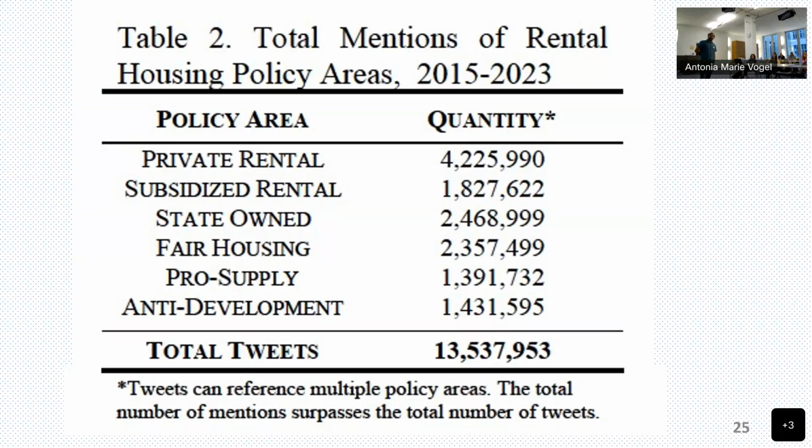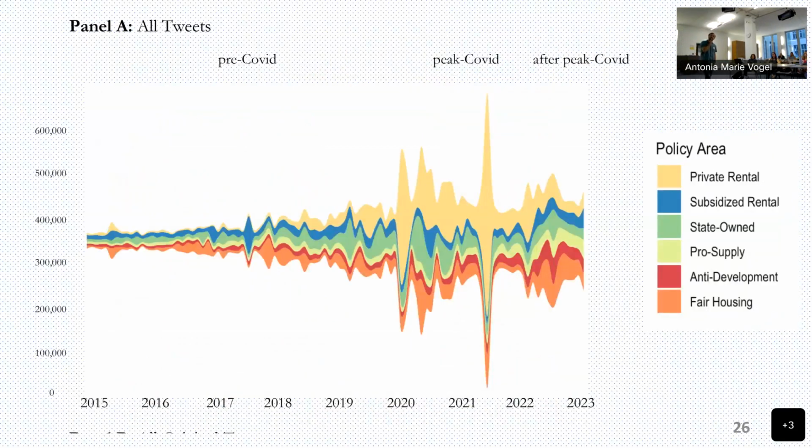You see over time, don't know why, basically the onset of COVID right here, an explosion of the discourse increasing, especially over private rental. Also later, even since COVID subsides.